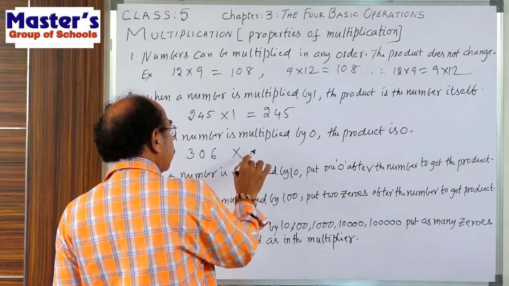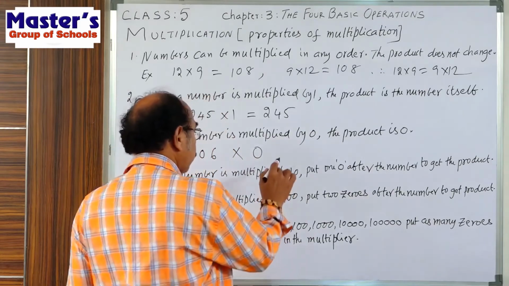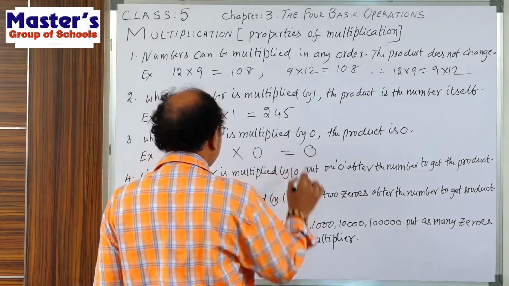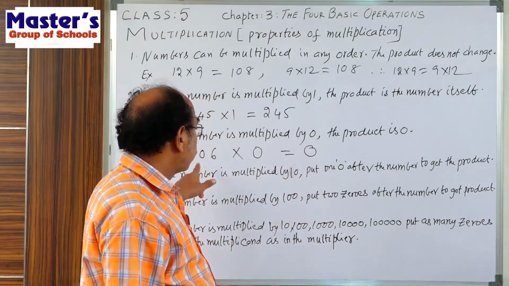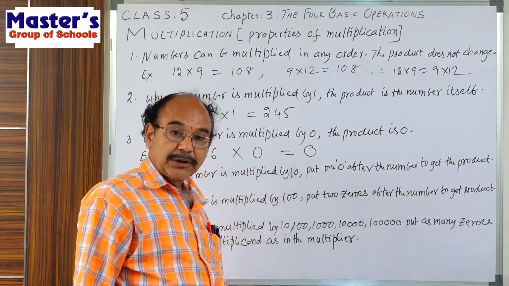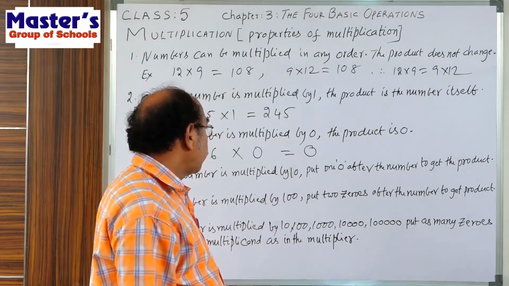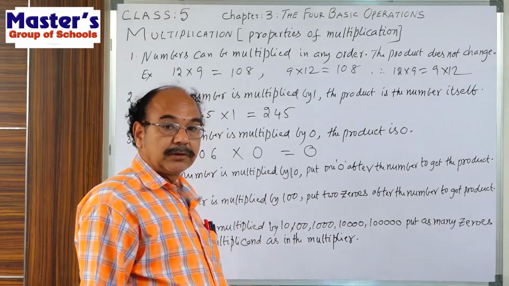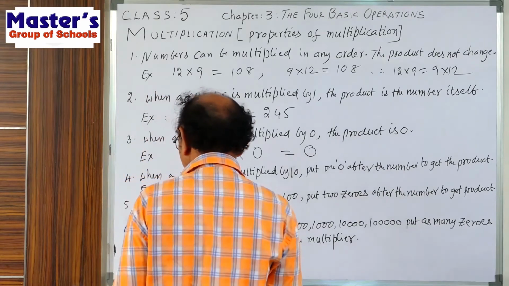Multiply this with 0. Then what we get? The product is 0. That means when a number is multiplied by 0, the product is 0. 306 zeros are 0 only. That is the third property.